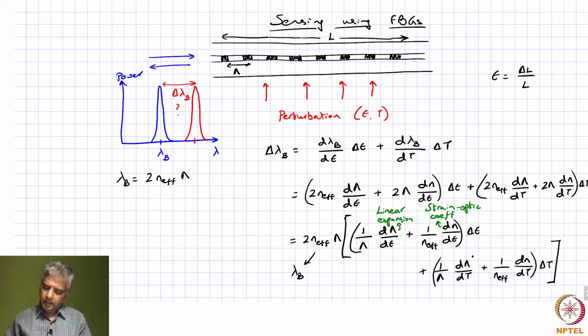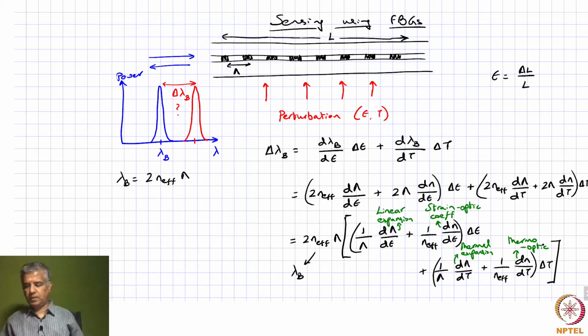And similarly, this is your thermal expansion coefficient, and this is your thermo-optic effect. So you have all these contributing to a possible change in the Bragg wavelength.